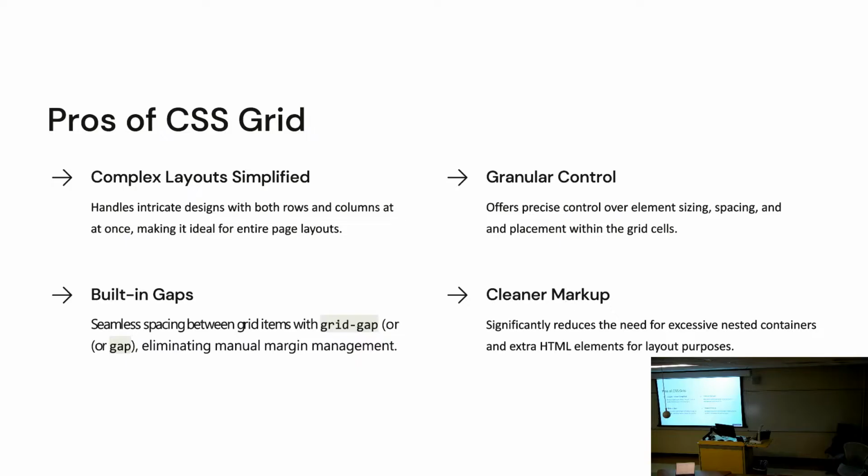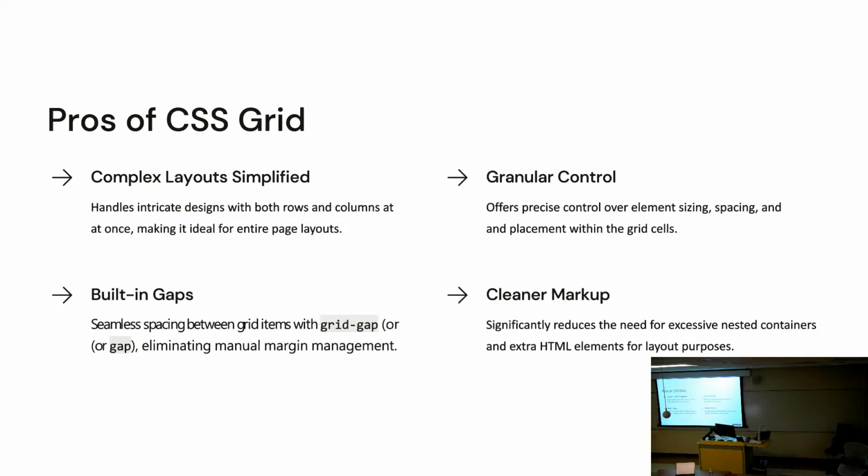But let's say we have a website, and we want to have an ad right here, and then a nav bar, and then maybe a picture with some text. We can do that with Grid. That's how we can use Grid to make our layouts look pretty nice without doing a bunch of code.